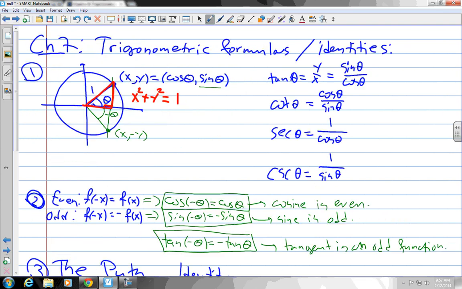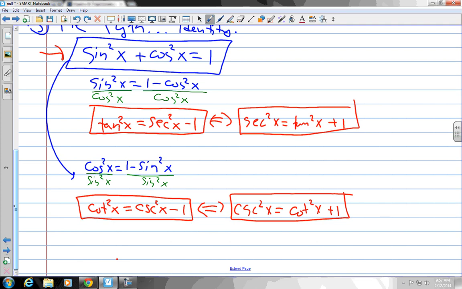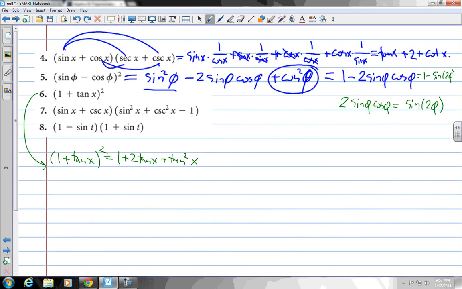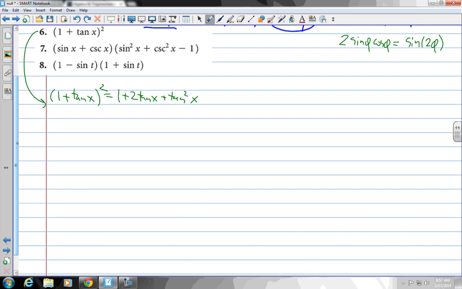Do we have a formula that relates tangent squared and 1? Tangent squared plus 1 equals secant squared. Right? So I can replace tangent squared plus 1 with the secant squared. So this becomes secant squared x plus 2 tangent x. Okay?